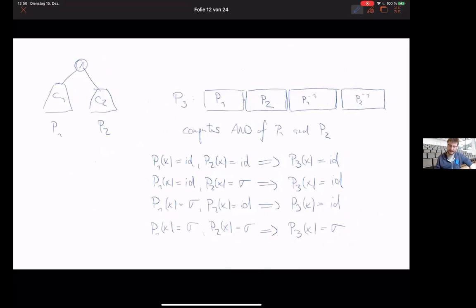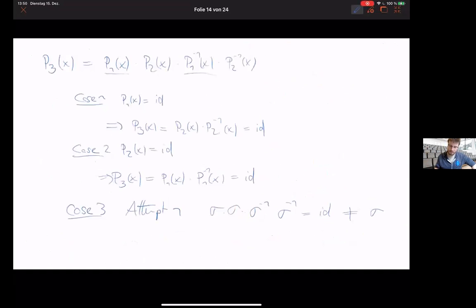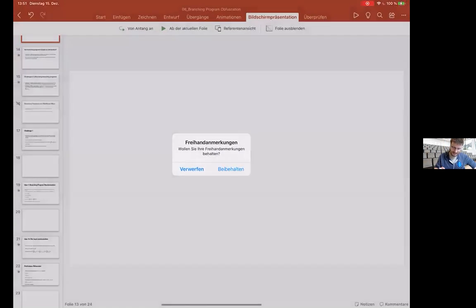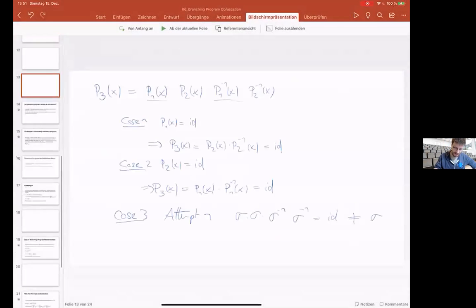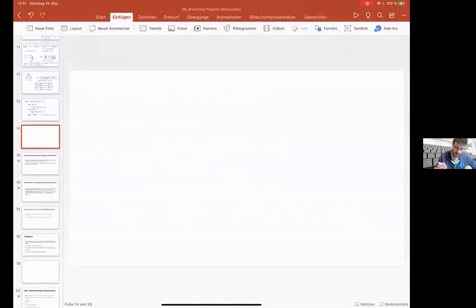And then there's the second fact that I can turn sigma into tau or tau into sigma equivalently. Okay, I have to introduce yet another slide, but then I should be good.